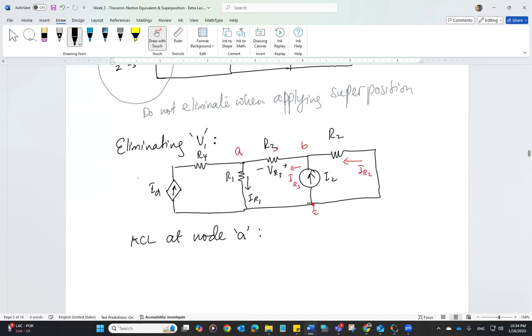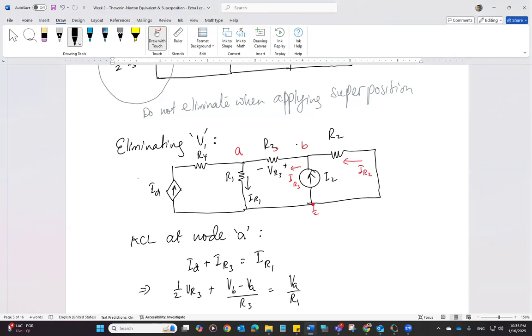So KCL at node A. ID is going towards, IR1 is going away, IR3 is going towards. So ID plus IR3 is equal to IR1. ID is half of VR3. IR3 is VB minus VA over R3, and IR1 is VA over R1.